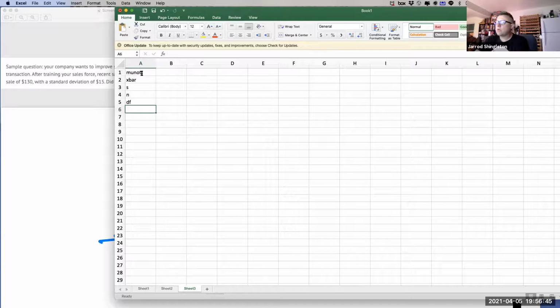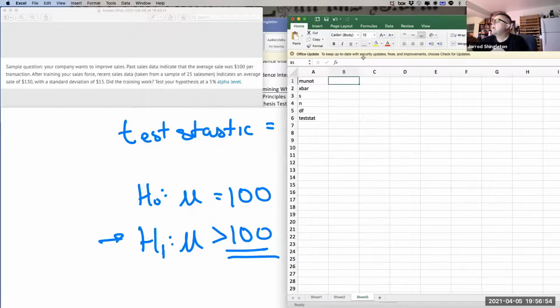Okay, so what else do I need? I need my test statistic. So my mu naught here, if I look back at my problem, it says that it is 100. So 100, my X bar, this is seen from the sample, 130. It looks like, I mean, that's a pretty good increase in the average sales. So I'm thinking that we might be successful in our training. Our S is 15.